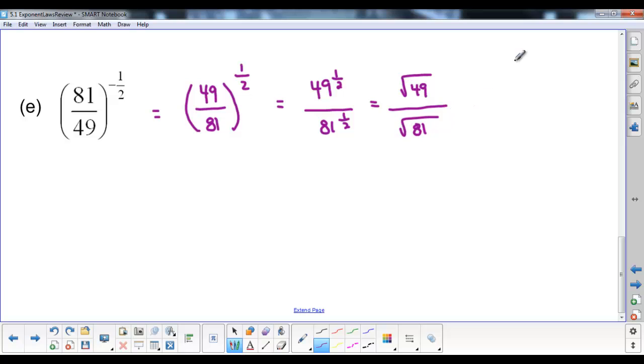It's not necessary. It's kind of like the same idea when we write x, we know that's already raised to the exponent 1. When we write a square root sign, we know that the value here is 2. Okay, in any case, square root of 49 is 7, and the square root of 81 is 9. And we are finished with that question.